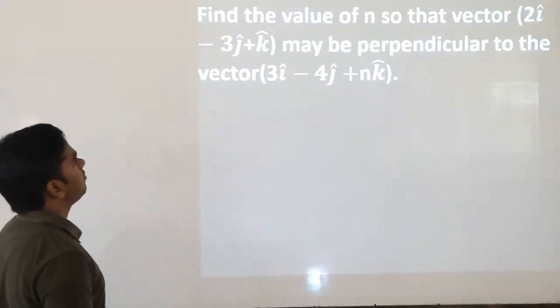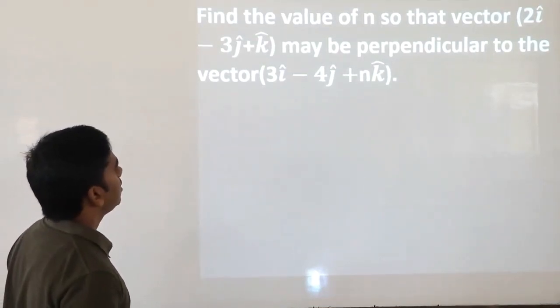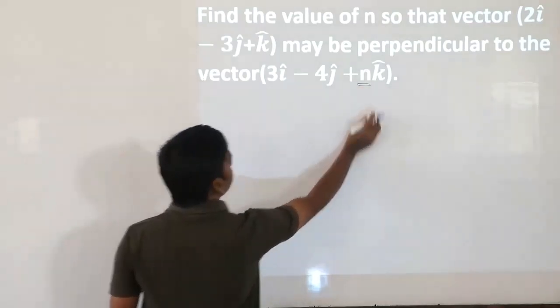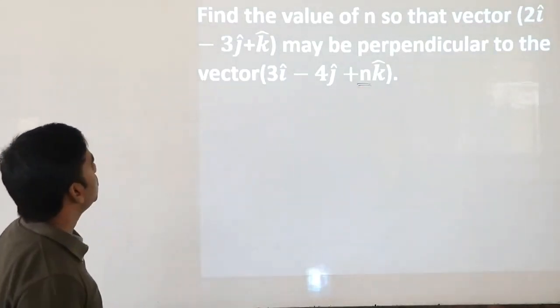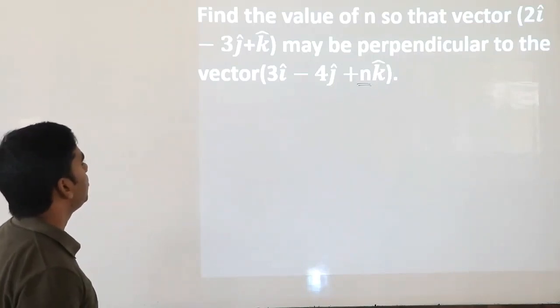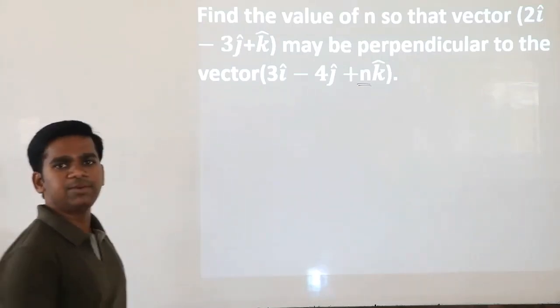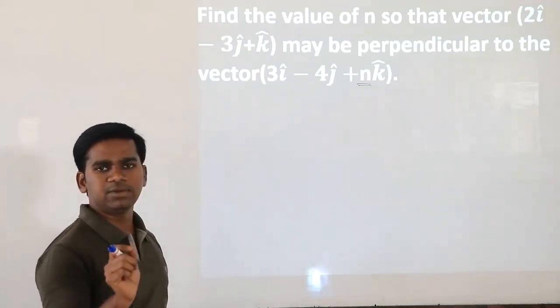Next question. Find the value of n so that vector 2 I cap minus 3 j cap plus k cap may be perpendicular to vector 3 I cap minus 4 j cap plus n k cap. Same as we have just solved, again we have to prove that their dot product equals 0.